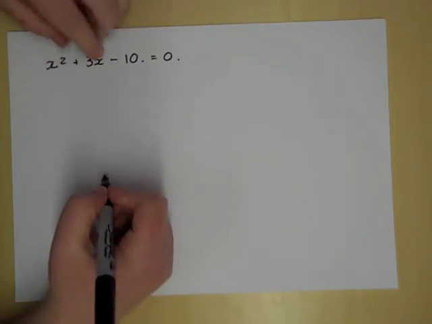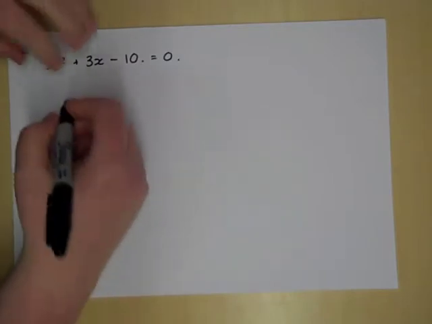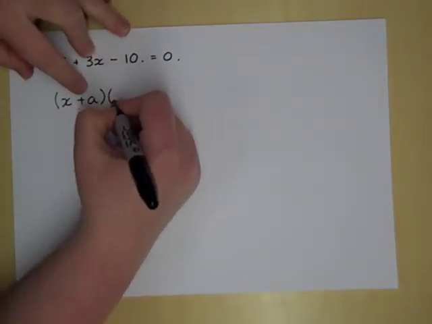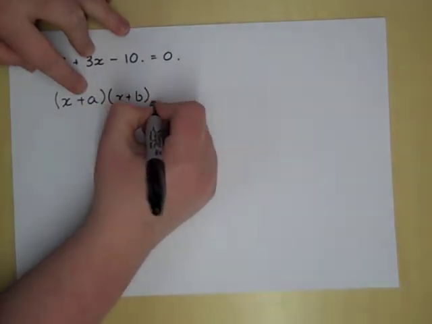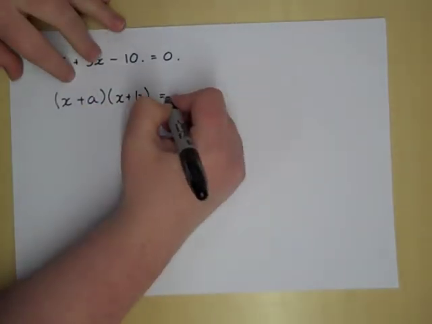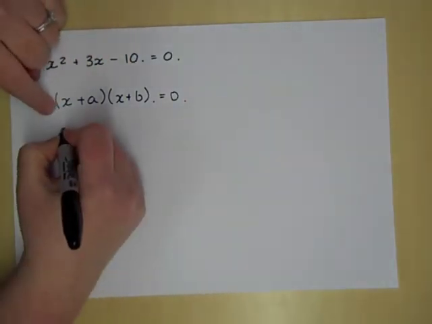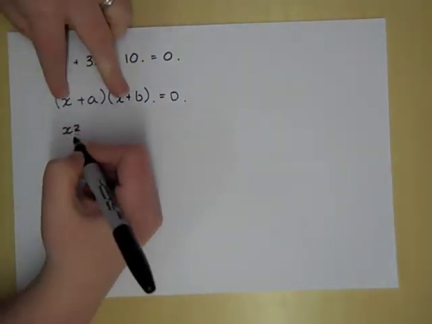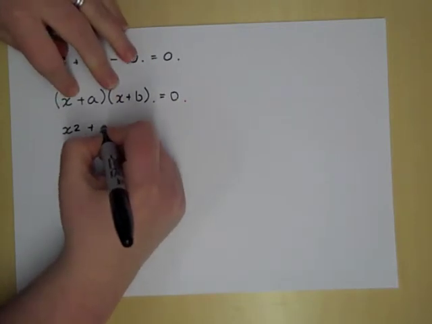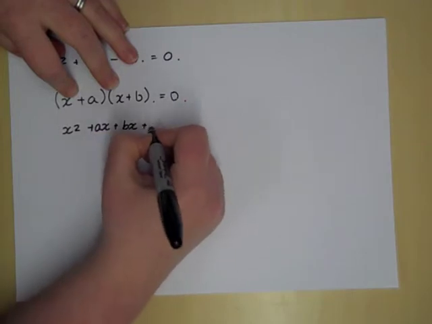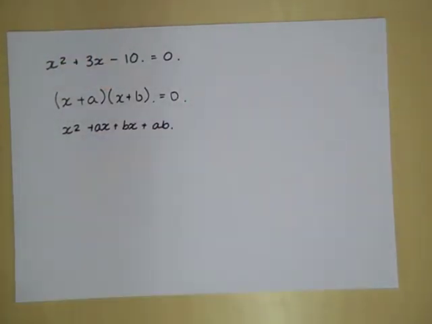I know that if I basically split this into a bracket, x plus a, x plus b, I don't know what a and b are yet, but I know when I multiply this out, I end up with x squared plus ax plus bx plus ab.